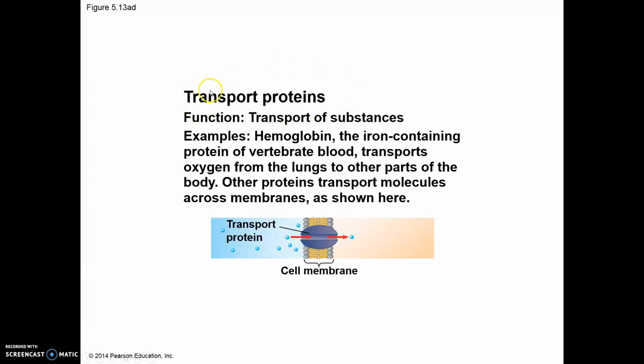Proteins can be involved in transport. So hemoglobin is something in our blood which transports oxygen throughout our body. Or you could have things that are proteins that exist in membranes, and their job is to transport an ion or some molecule across the membrane, right? So it can be involved in transporting other things.